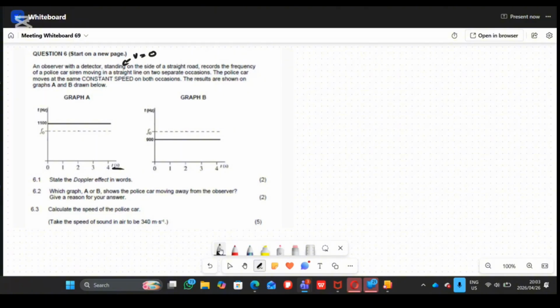Because in both scenarios A and B, that frequency is remaining the same. It doesn't change. You cannot expect an ambulance to release a frequency, and then after a while release 50 hertz, and after a while release 100 hertz.